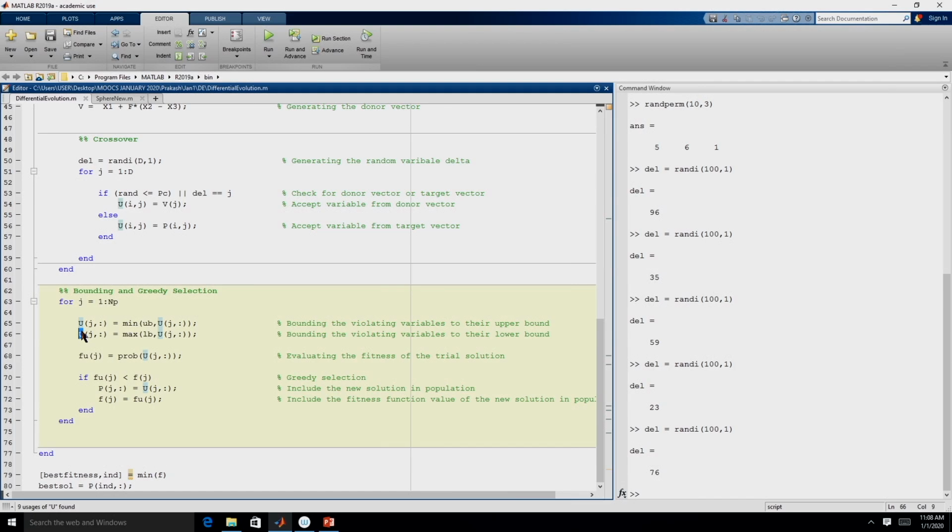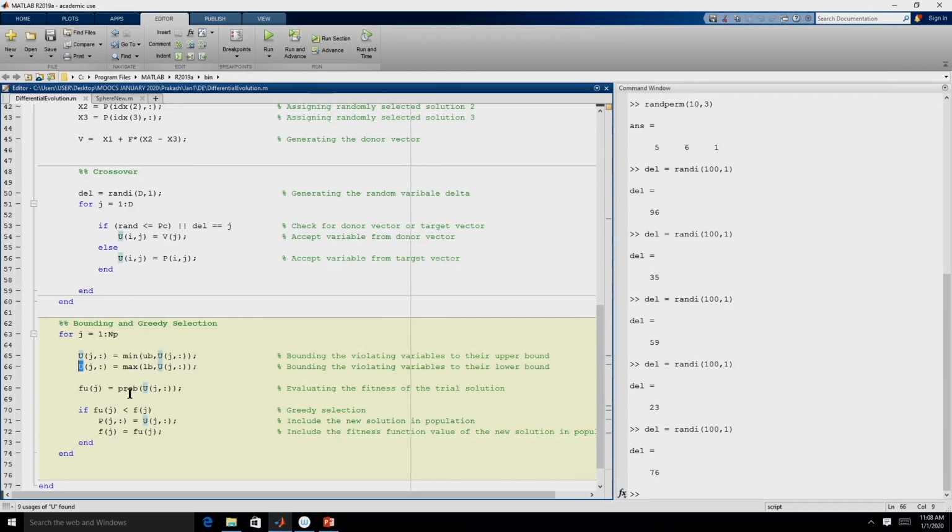So, we will evaluate the fitness of it. To evaluate the fitness, we need the fitness function, which we have stored in the variable prob. prob is a function handle, wherein we are sending the jth row of u to this prob function. We will be able to determine the fitness of the jth trial vector.